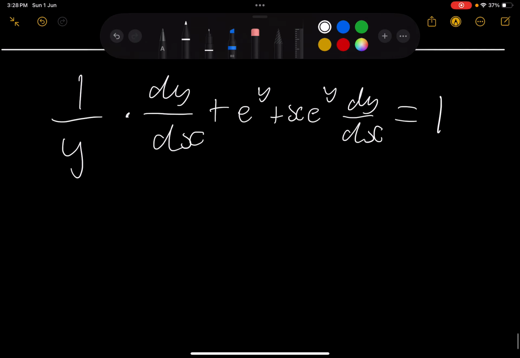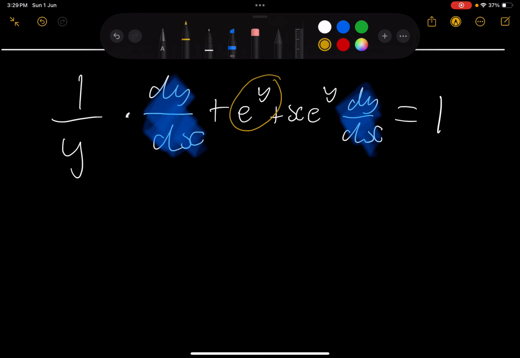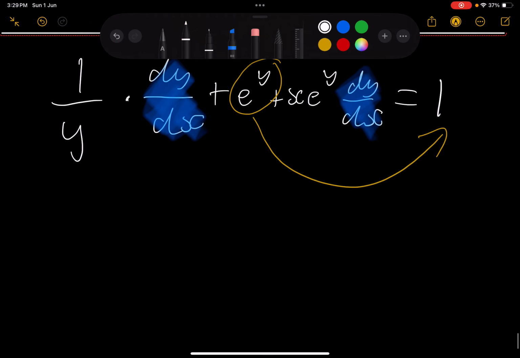And then, as usual, we just have to solve for dy over dx. So how we can do that in this equation is we look at all the terms with dy over dx in it, and we move the rest to the other side. So in this case, the only term which we'll move is e to the y, and then we'll make dy over dx a common factor.